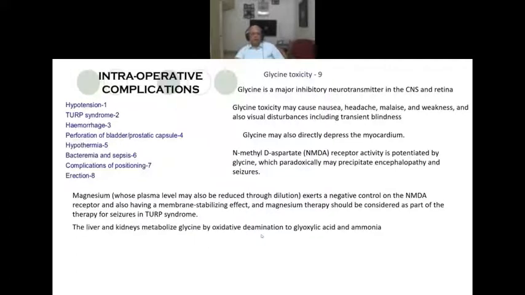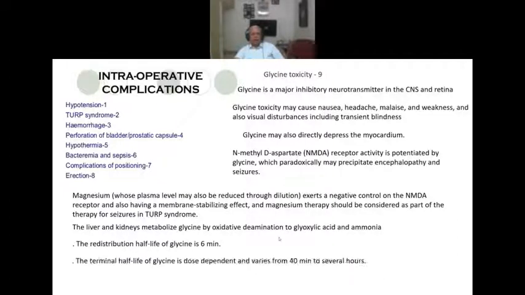Liver and kidneys metabolize the glycine by oxidative deamination to glyoxylic acid and ammonia. Redistribution half-life is only 6 minutes, whereas the terminal half-life is about 40 minutes to several hours. Okay? So the initial redistribution will happen within 6 minutes.